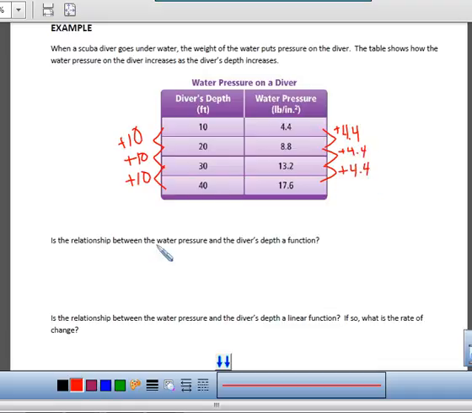So, is the relationship between the water pressure and the diver's depth a function? Look at the input values and look at the output values. Is there one output for every input? Yes, each input has exactly one output.